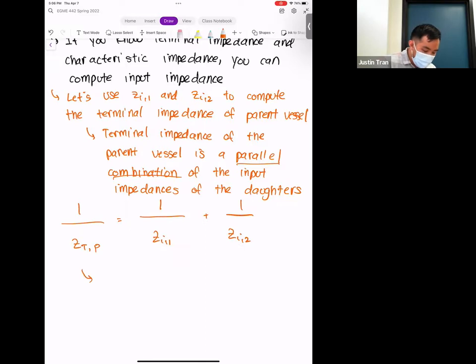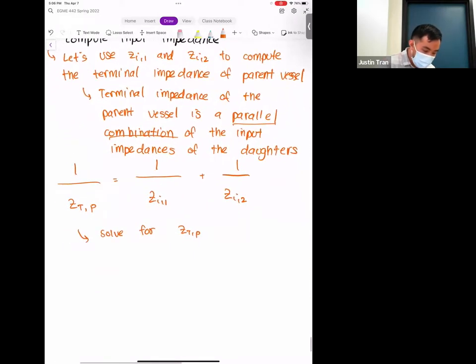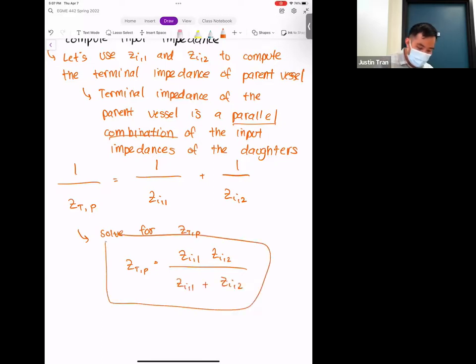If we solve for this, ZTP is equal to ZI1 multiplied by ZI2, divided by ZI1 plus ZI2.